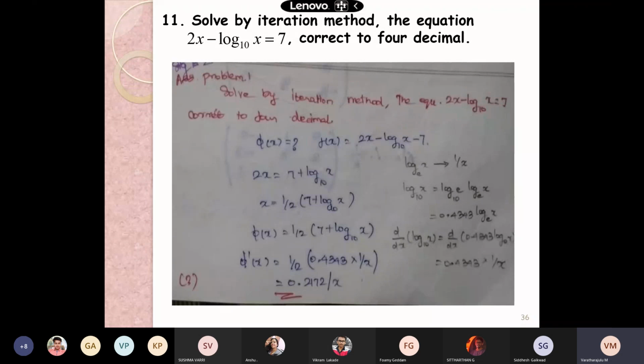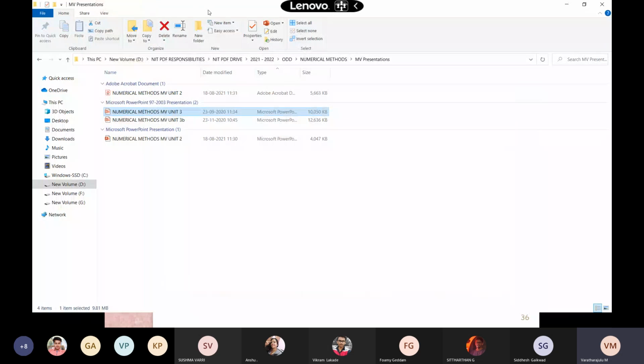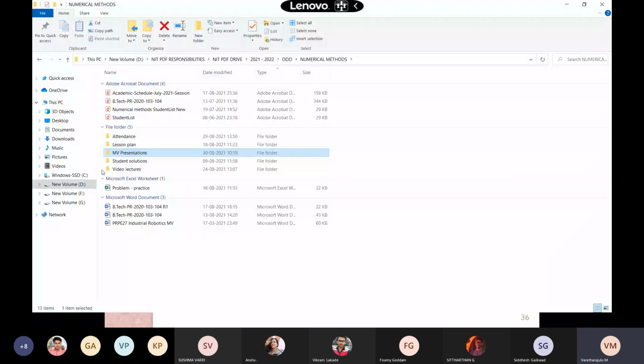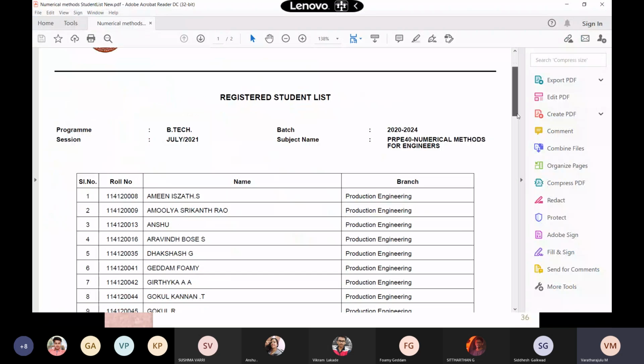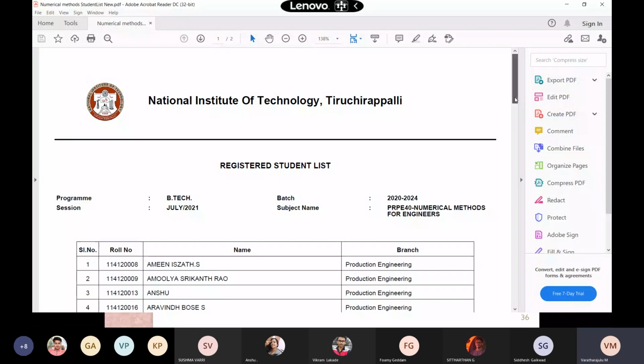This is, I think, the 13th class. Just a minute, I'll request some 5 people. I think last batch. Last set of 5 students, please join with us till the end.